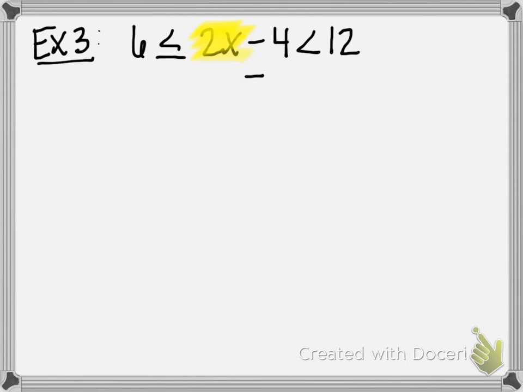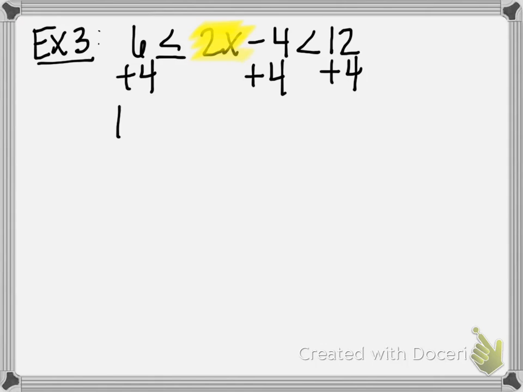I need to move this 4 that is subtraction out. I do so by adding. And what I do to one piece, I'm supposed to do to all 3 pieces. They're divided up with these inequalities. If you think about the inequality like an equal sign, you have to do it to each side of the equal sign. Let's move those dots.